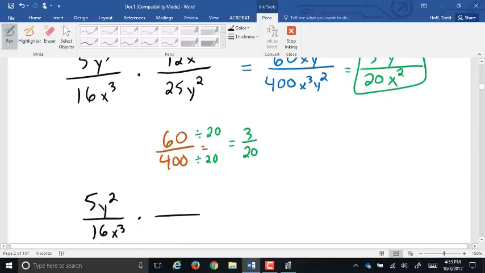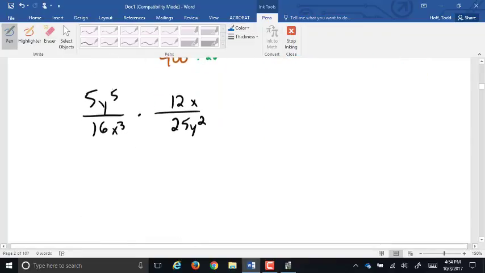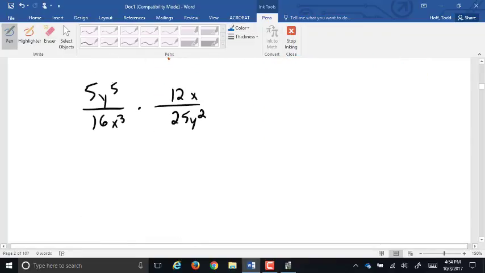That was y to the 5th. So if I wanted to cross-cancel this, what makes it easier for me is to pull out the numbers.